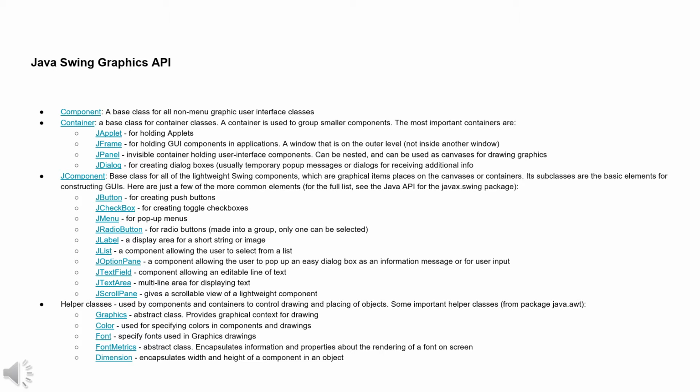And you may need to know that a container is actually used to group smaller components, right? And the most important containers are, as you see here, JApplet for holding the applets, JFrame for holding GUI components in an application, JPanel, JDialog, right?